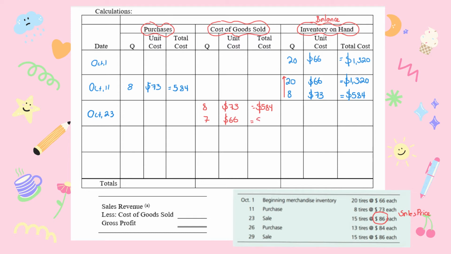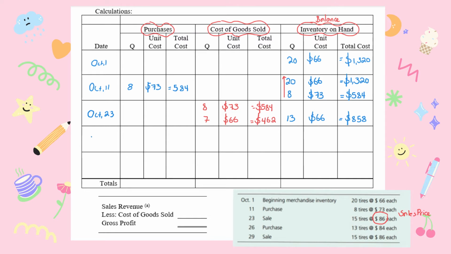So it's gonna be 462. Now what's left? 8 units sold, 27 sold. So 13 units left. 13 units left at 66 from the oldest. So it's gonna be 858.